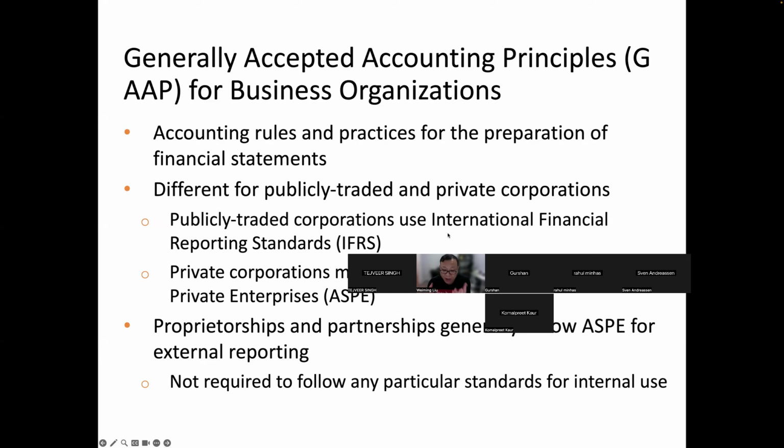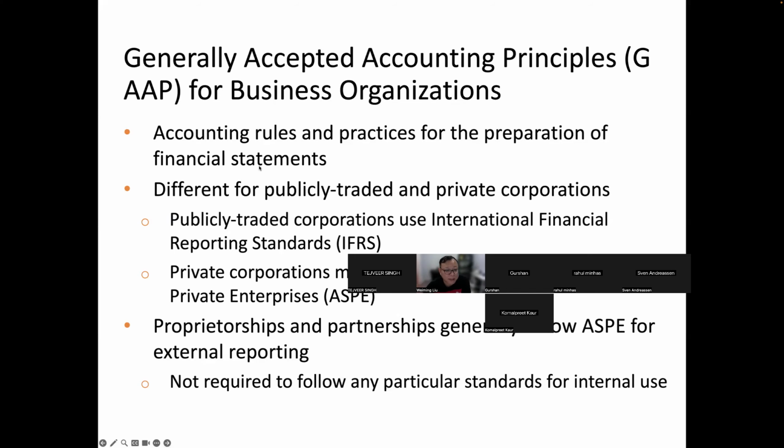I only have so much money. I could either invest in A corporation or B corporation, so I have to make an evaluation and decide which company I'm going to invest in. When I'm comparing A and B, they have to use some kind of similar accounting standard guiding them to prepare the information. Otherwise I can't make any decision.